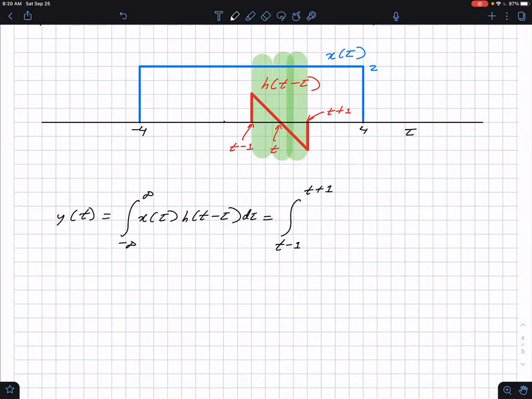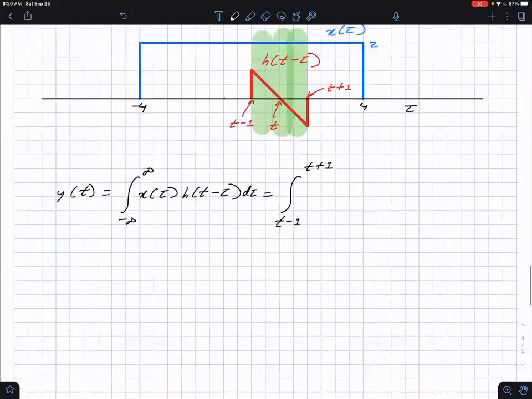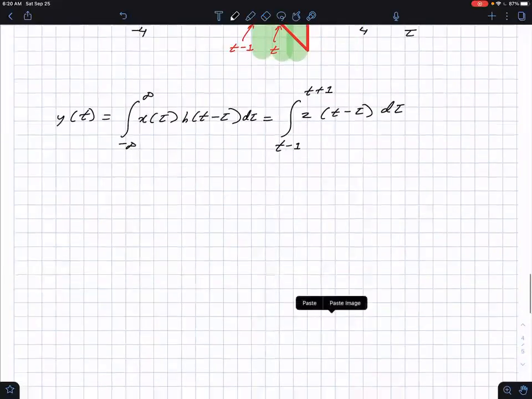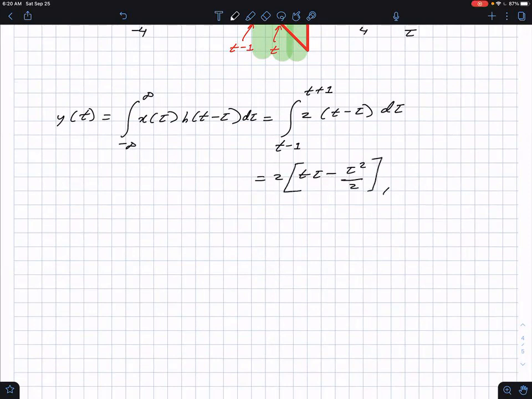Then we write the expression for x and h like we did before. x is still 2, h of t minus tau is still t minus tau d tau. So we get 2 t tau minus tau squared by 2 from t minus 1 to t plus 1.